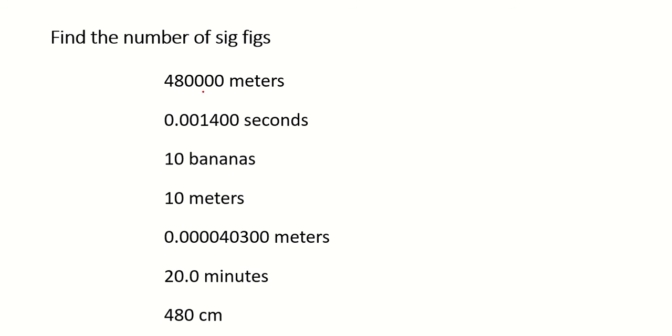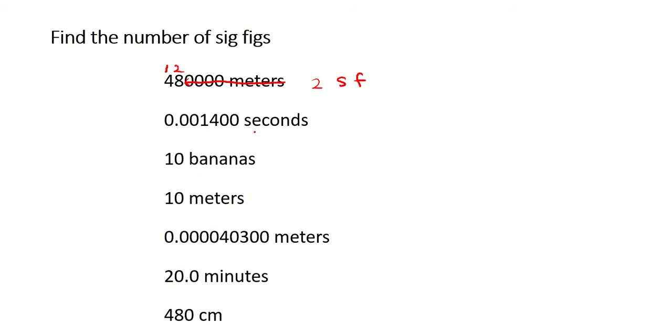What is this? Is this a measurement? Yes, it is a measurement. You see the units in meters. Do you see a decimal point? No. Draw the arrow until you hit a real number. This is where I stop. 1, 2. I have 2 sig figs. What do you have?